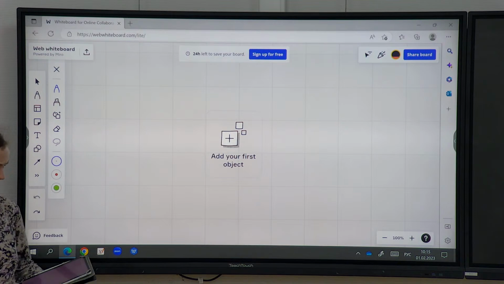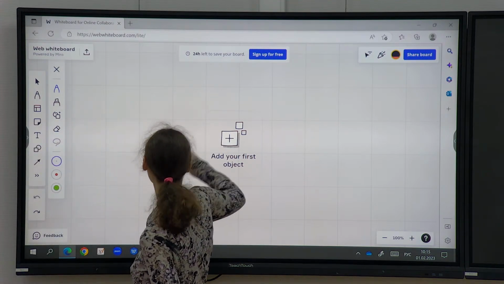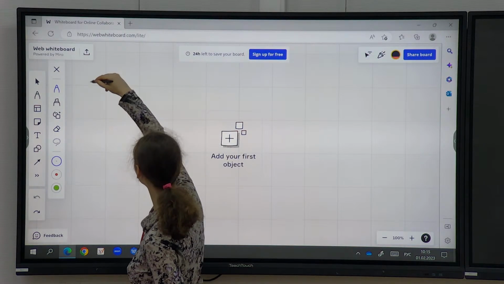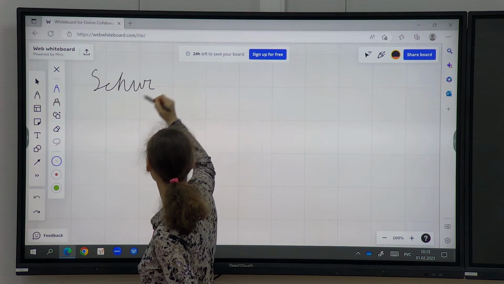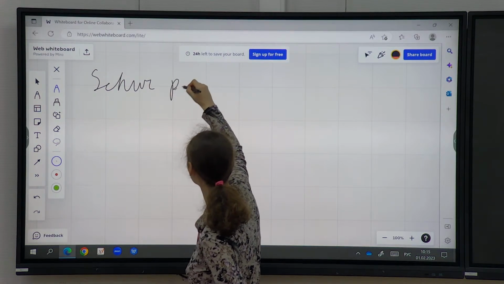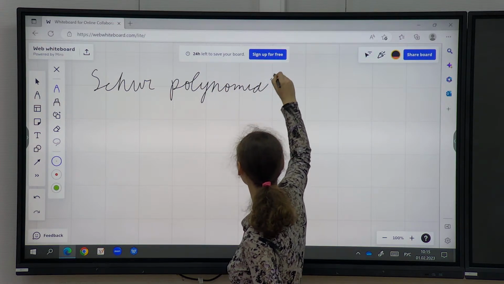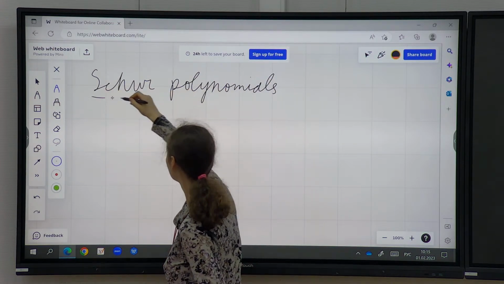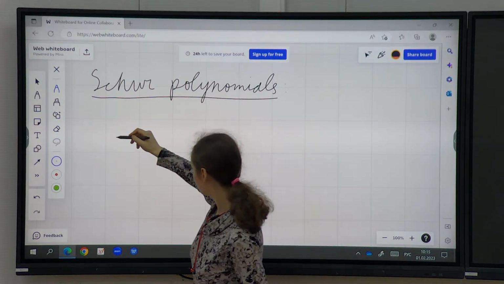So let's recall what we have learned in the previous lecture. We defined Schur polynomials as a ratio of two determinants.